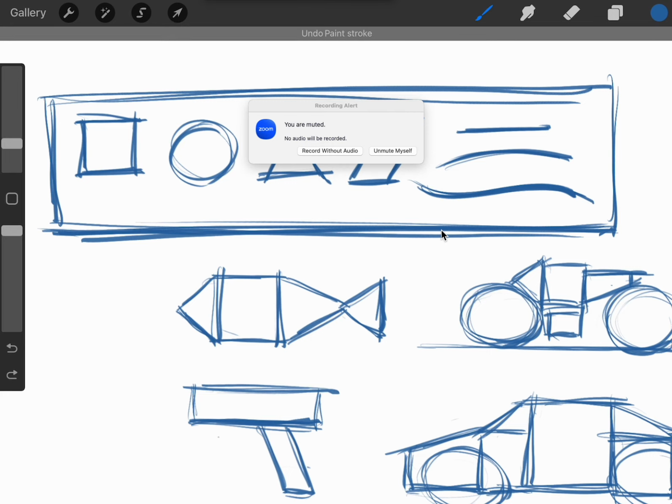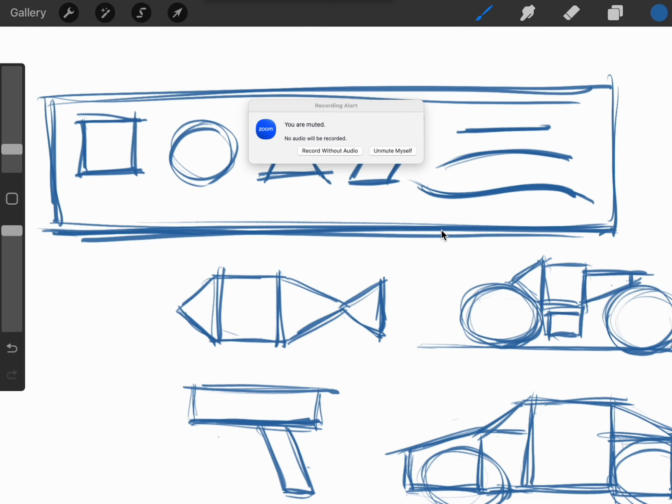So let's copy those first. So you got your squares, circles, triangles, trapezoids and lines, curves, splines, like that.